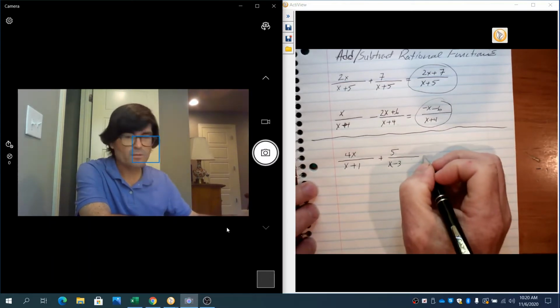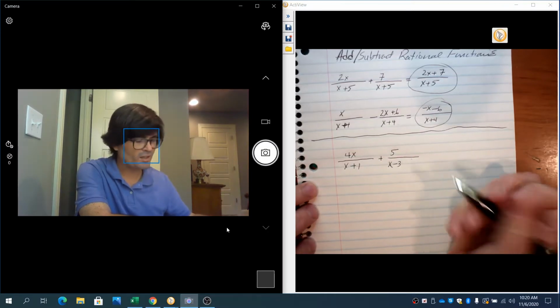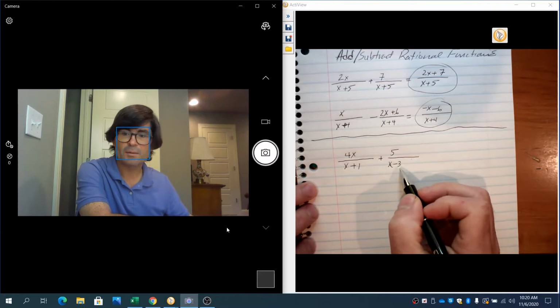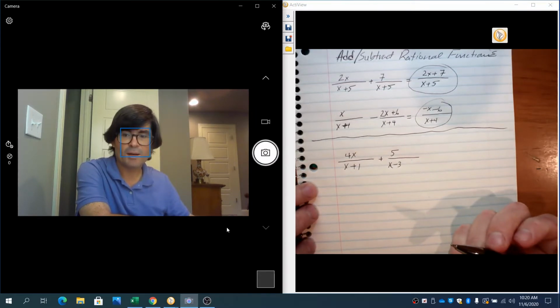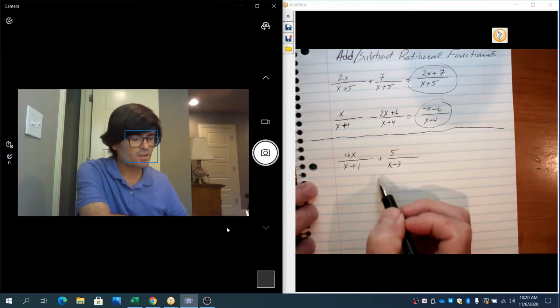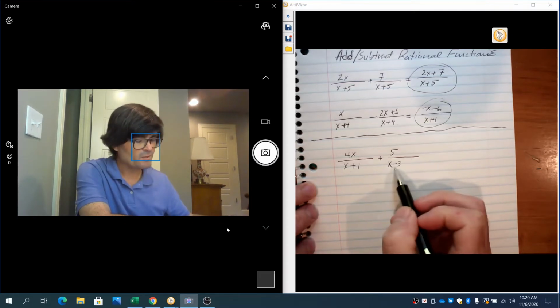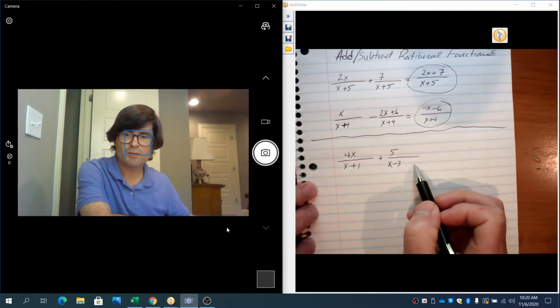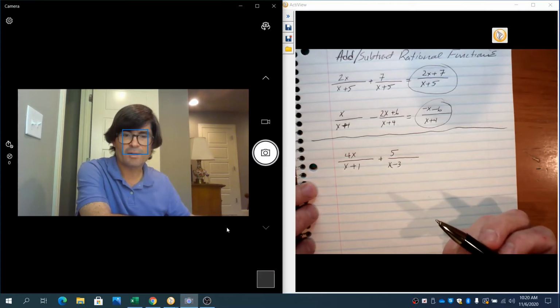So what you need to do first is just think to yourself, what's a good denominator that both x plus 1 and x minus 3 can go into? And when it's hard to figure that out, one option that's always available is just multiplying the two denominators together. So for example, if this was x plus 1 times x minus 3, and this was x minus 3 times x plus 1, if you had the same two things in each denominator, you would then have a common denominator.